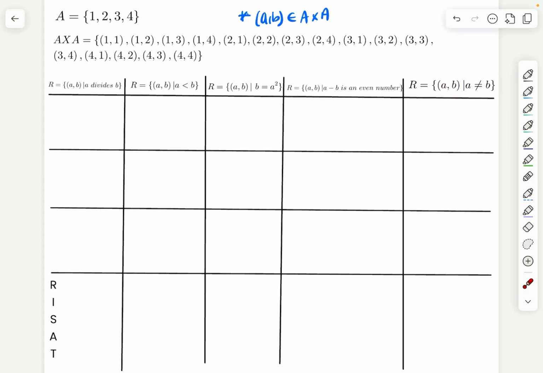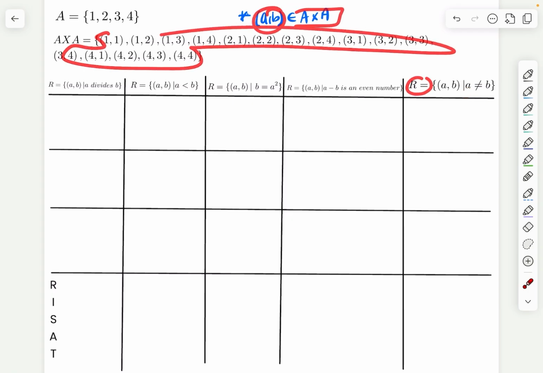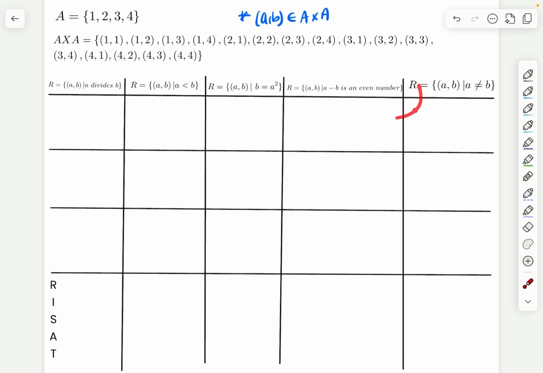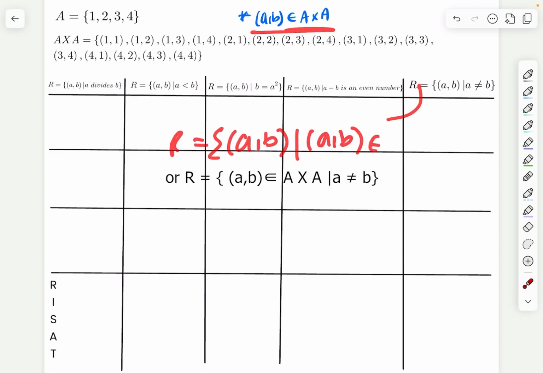But what I didn't write because there's no space is another condition, that the ordered pair that's going to end up in this relation should come from the Cartesian product of A with itself. So really this should be R is equal to the set of all ordered pairs (a, b) such that the ordered pair comes from this set, A times A, and a is not equal to b. And that's true for all of these relations.